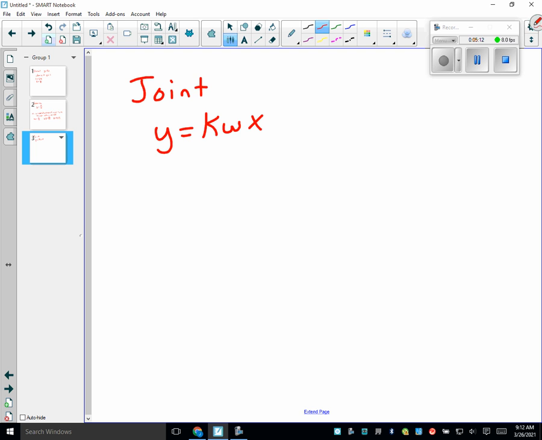So if y varies jointly as w and x, that's what that says. Y varies jointly as w and x. See that? If y is 18 when w is 12 and x is 3.